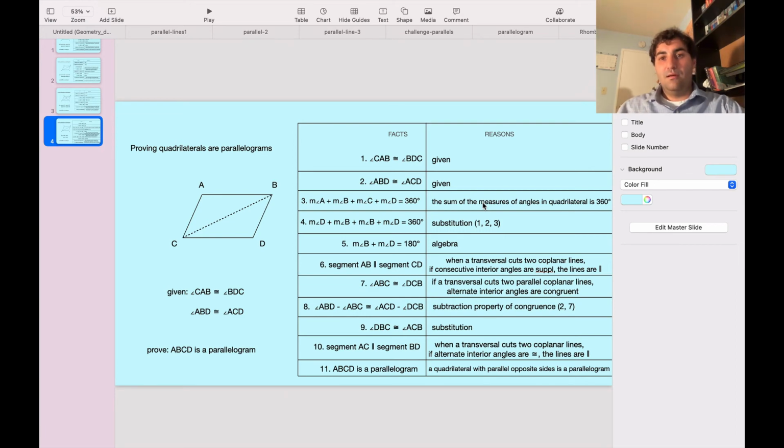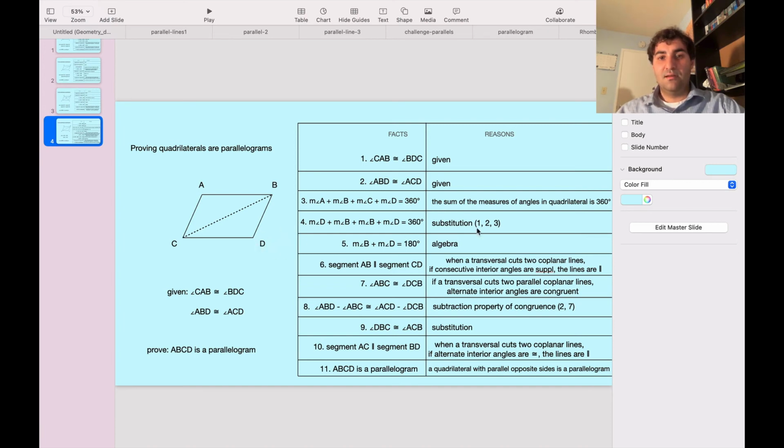I'm going to go over that in more detail when I start doing polygons. But just remember for right now, if you add the measures of each angle of a quadrilateral, you get 360 degrees.